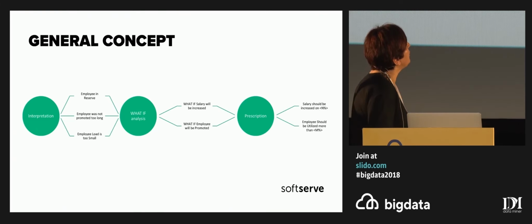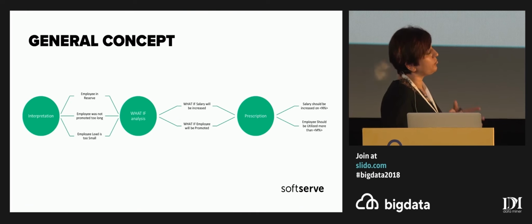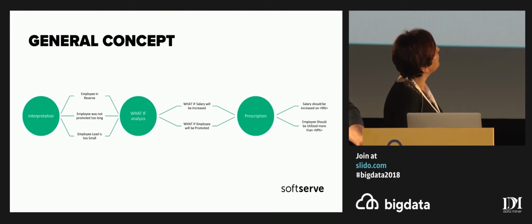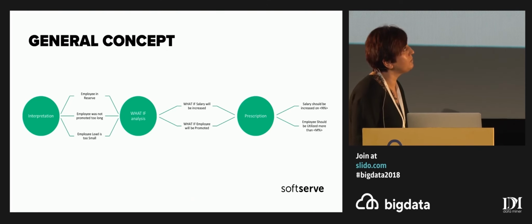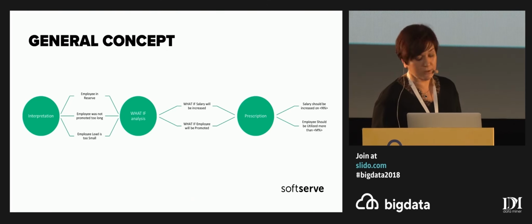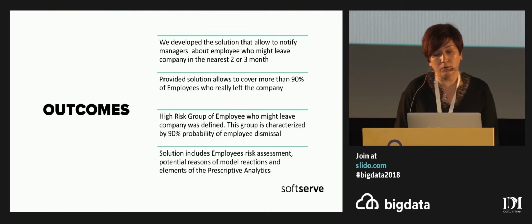What if salary is increased? What if the employee is promoted? And after that, we can assess whether the risk of employee dismissal will decrease in case we increase salary or the employee is promoted. And finally, the final result: salary should be increased for this person. So that's our conclusion, and thank you for your attention.